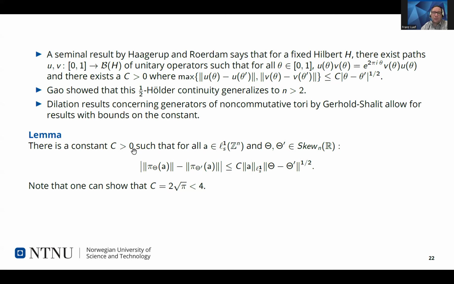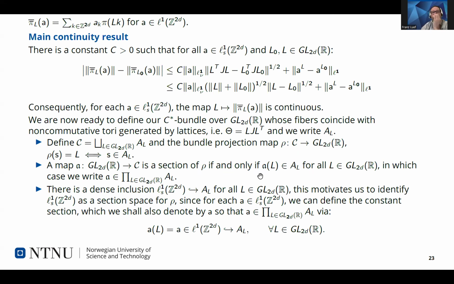And so in our framework, let's denote our representation of the noncommutative tori by pi theta, and then we get this kind of Hölder 1/2 continuity for these representations, which in the setting of lattices becomes this, where pi L denotes the integrated representation of the noncommutative torus.